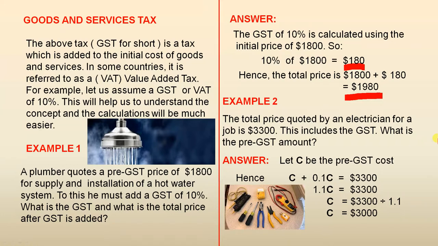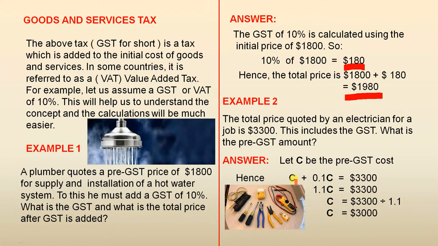Example 2. The total price quoted by an electrician for a job is $3,300. This includes the GST. What is the pre-GST amount? Here's a pretty simple way of doing it. Let C, for cost, be the pre-GST cost. Hence, C, which is the pre-GST cost, plus 0.1 of C, which is 10% of the cost, gives you the total of $3,300, because it says this includes the GST.